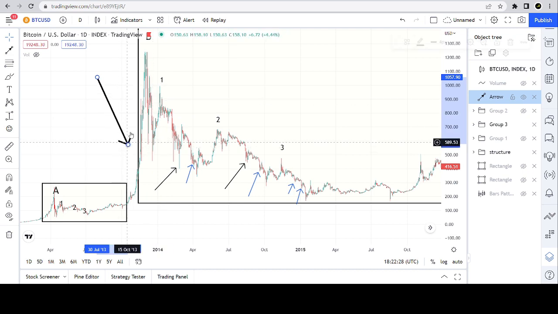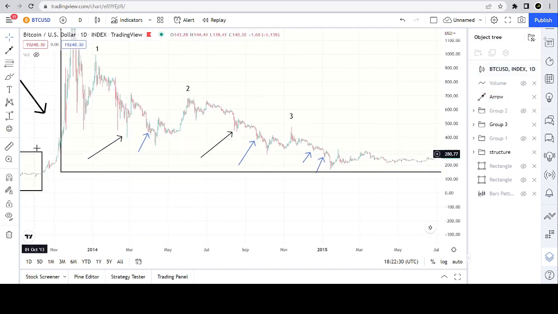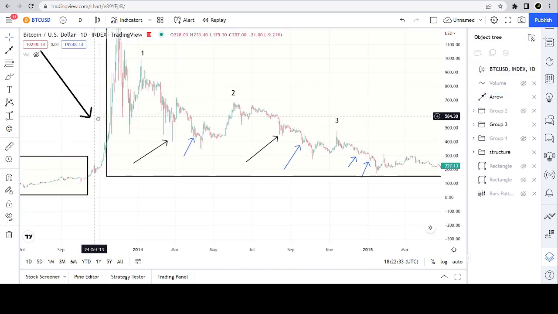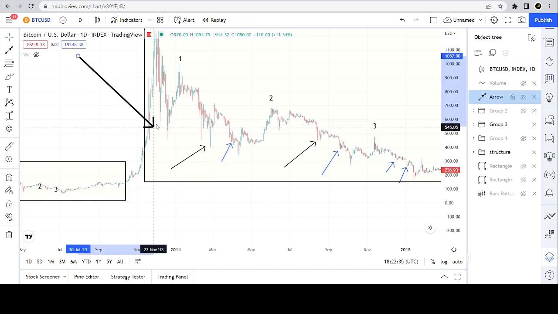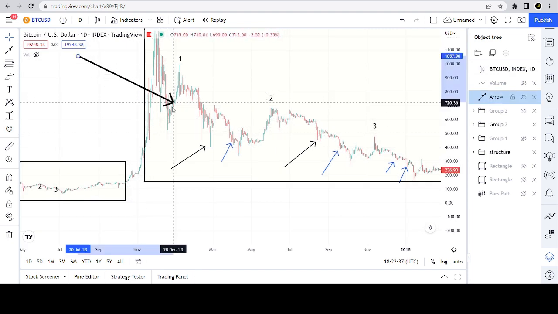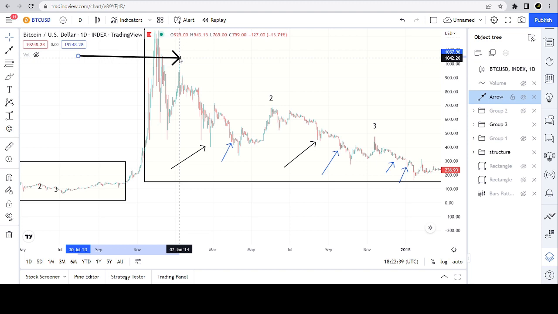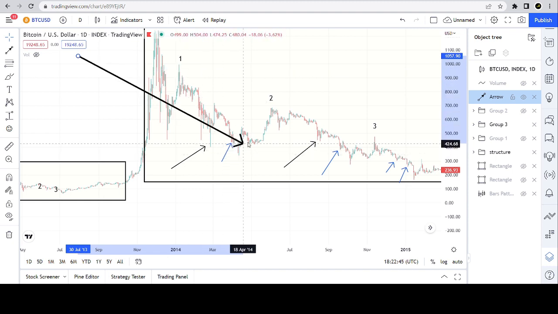Let's further examine this. So in wave 1, it starts at a low here, comes up, does a little push up there, makes a peak. From there, this is the highest peak, and then from there it declines down to its low.